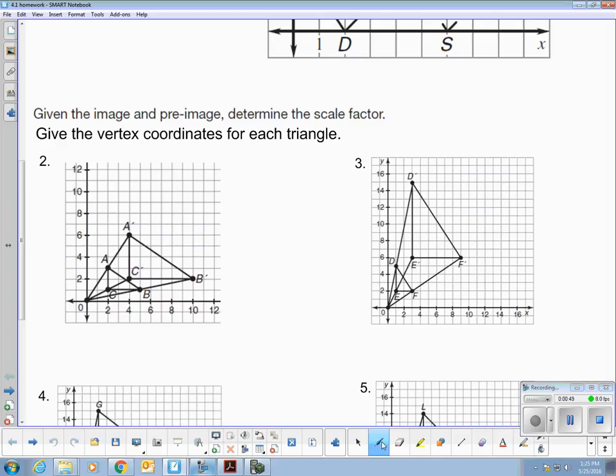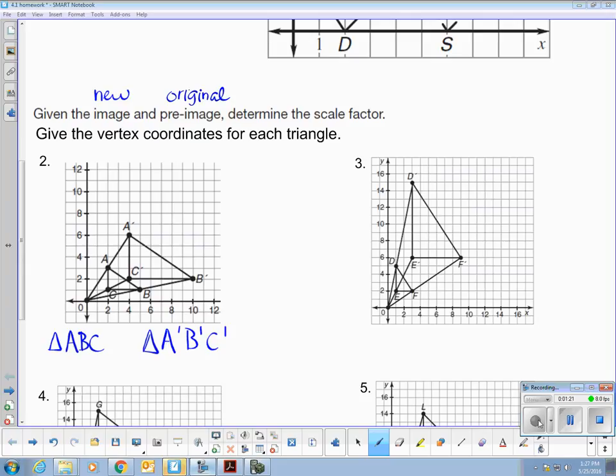So my pre-image is my original. In this diagram, my original drawing is triangle A, B, C. The image is the new figure, and in this diagram, my new figure is triangle A prime, B prime, C prime.